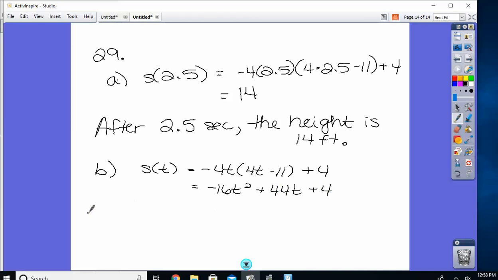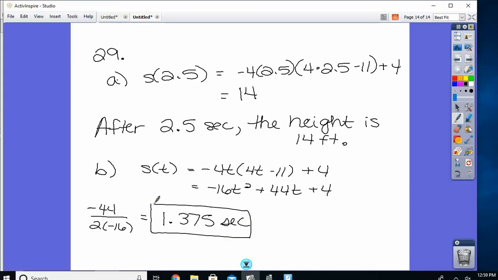Okay, so vertex, opposite of b over 2a, so negative 44 for 2 times negative 16. That gives me 1.375, so that's your x, which in this case is your time.